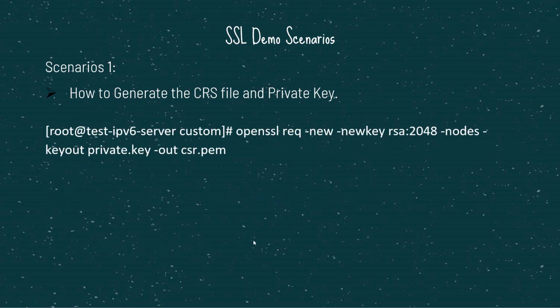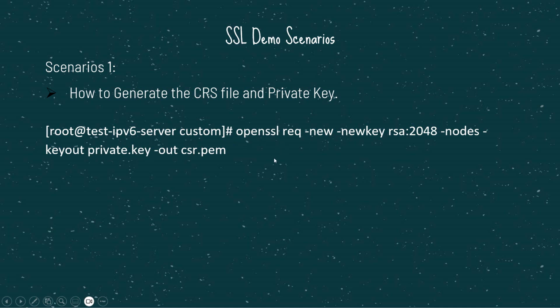So scenario 1. How to generate the CSR file and key. This is not a demo. What I did, I went to a test server and with the OpenSSL command, I generated the key file and CSR file.